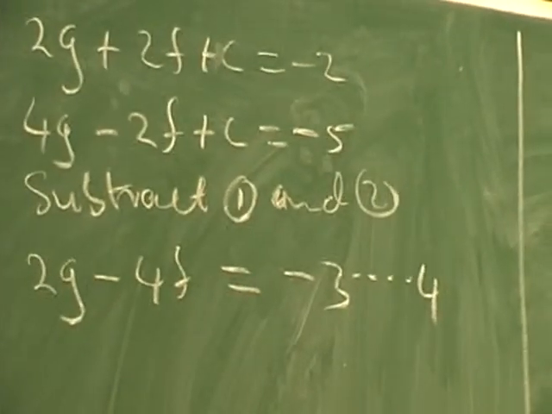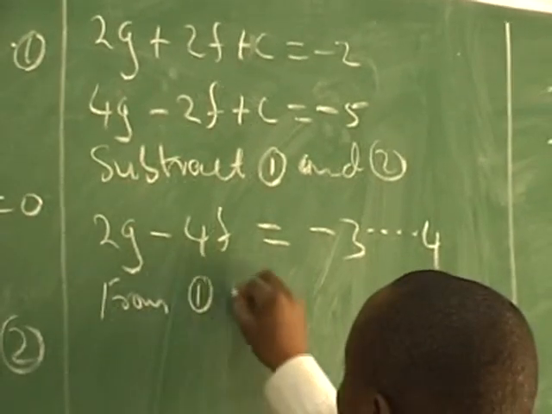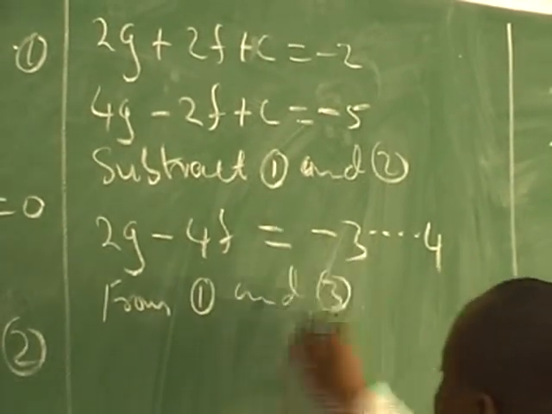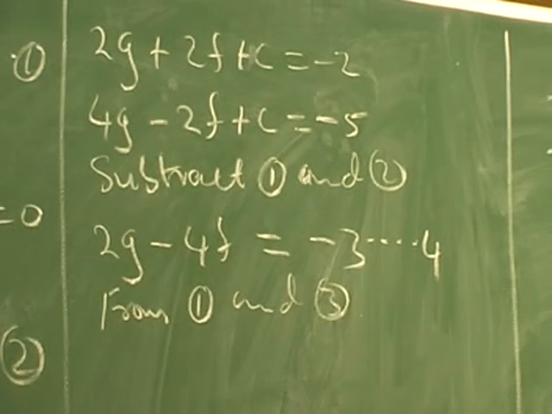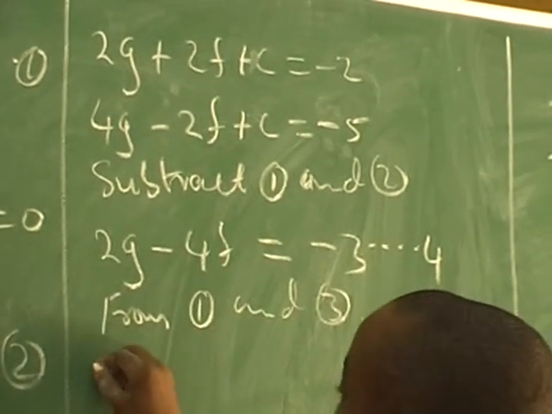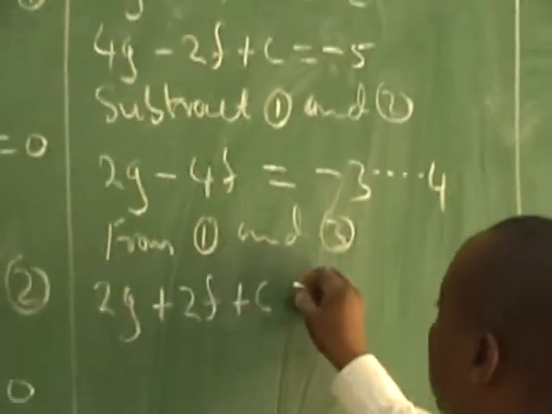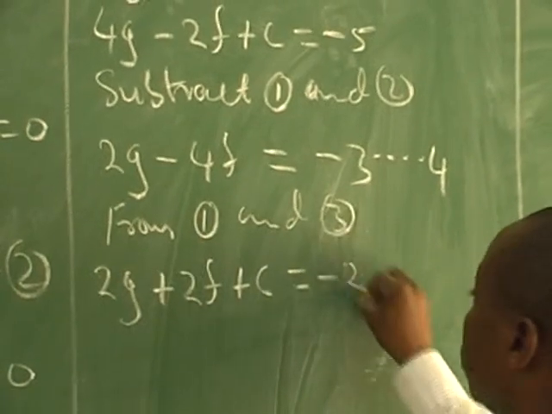And then if we do that, we can also pick from 1 and 3. From 1 and 3, we will have that 1 is 2g plus 2f plus c is equal minus 2.